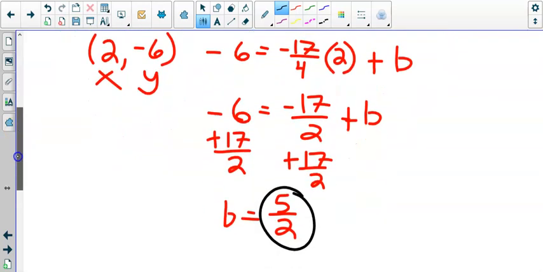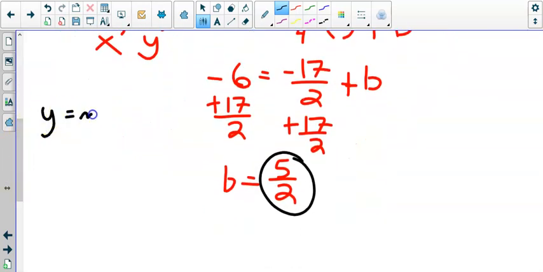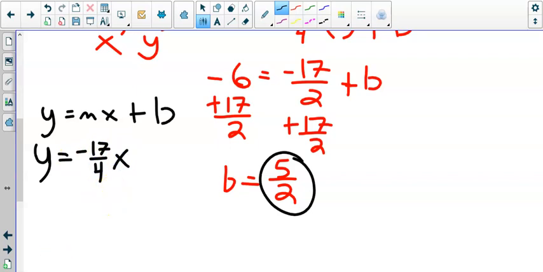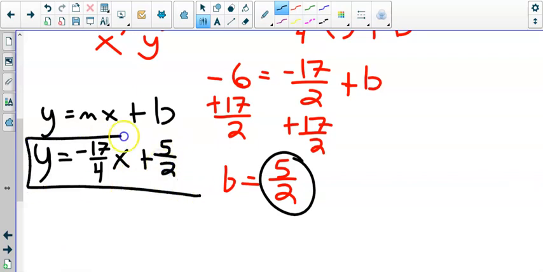All we need to do is fill in the y equals mx plus b. So y equals, what's m? Negative 17 over 4. X, what's your b? So a positive 5 over 2. There's the equation.